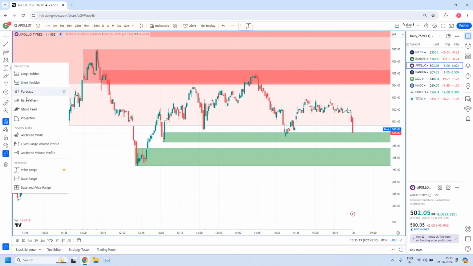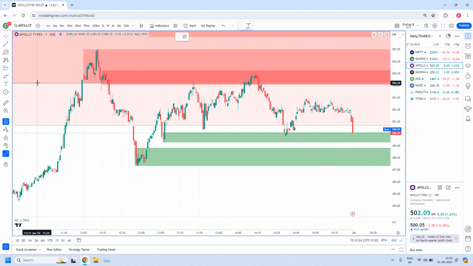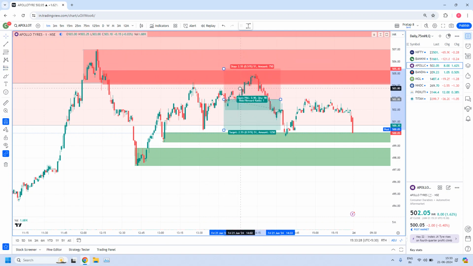Let us check the short position. Adding some stop buffer here approximately, and entry is within the zone.